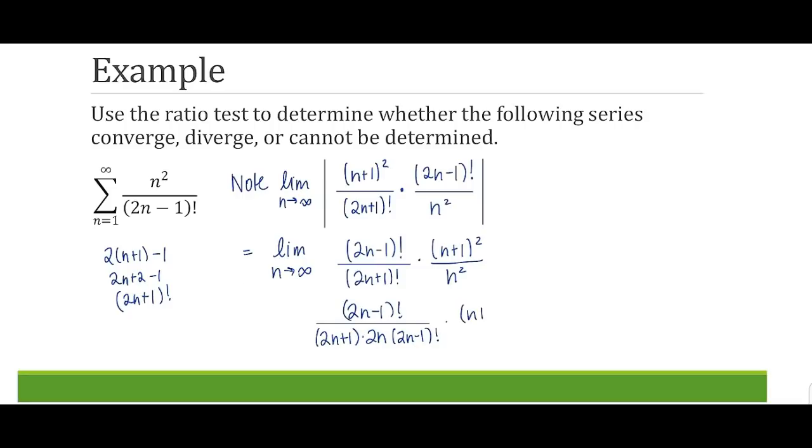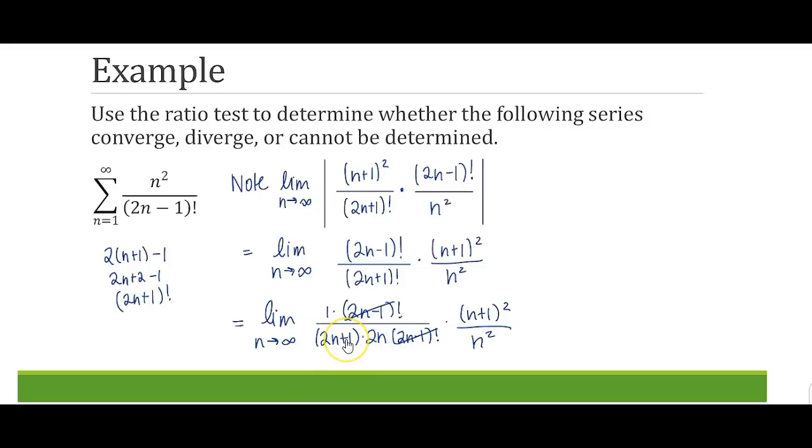And then we still do have this n plus 1 squared over n squared, and we are still evaluating a limit at infinity. But now I can see that the 2n minus 1 factorial is going to cancel out, so what I have left over here is just a 1 on the top over, on the bottom I have a 4n squared.